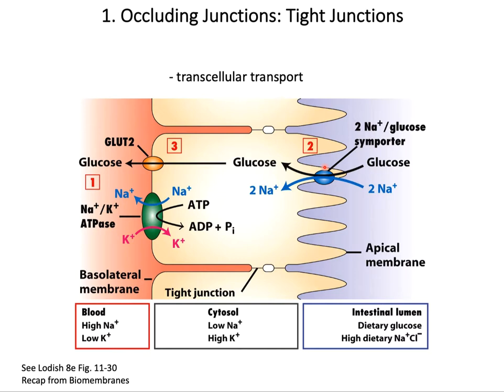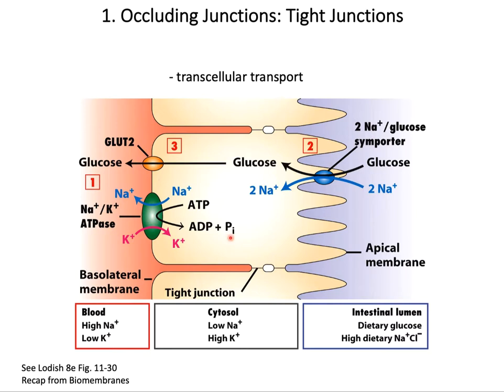So remember, this pump utilizes the energy stored in the sodium gradient to move glucose against its concentration gradient, just like a revolving door. Once glucose is in the cytosol, it can quickly be transported out of the basolateral side through the action of GLUT2, which is labeled as number 3 in this slide. And you remember the GLUT transporters participate in facilitated diffusion and they move glucose down the concentration gradient.